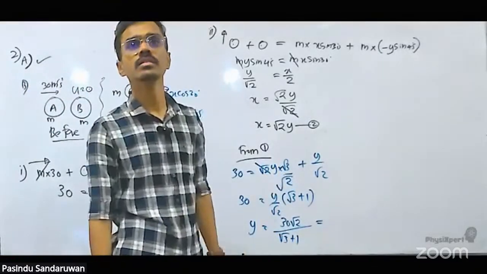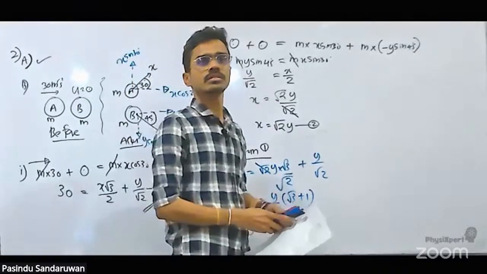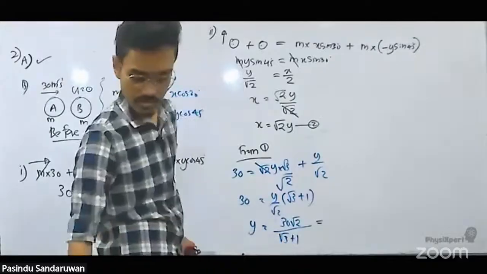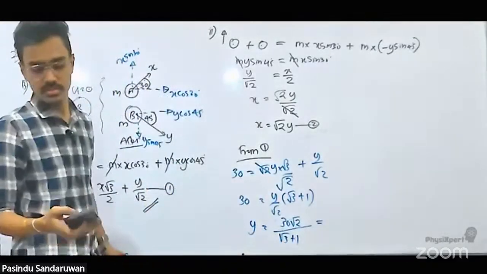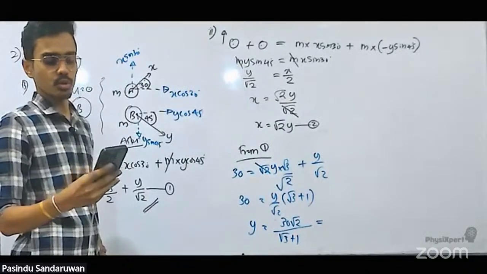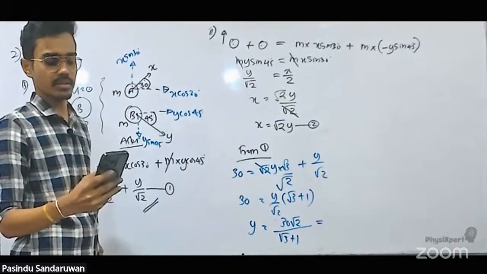Simplify. What is it? Root 2 is 1.414, right?